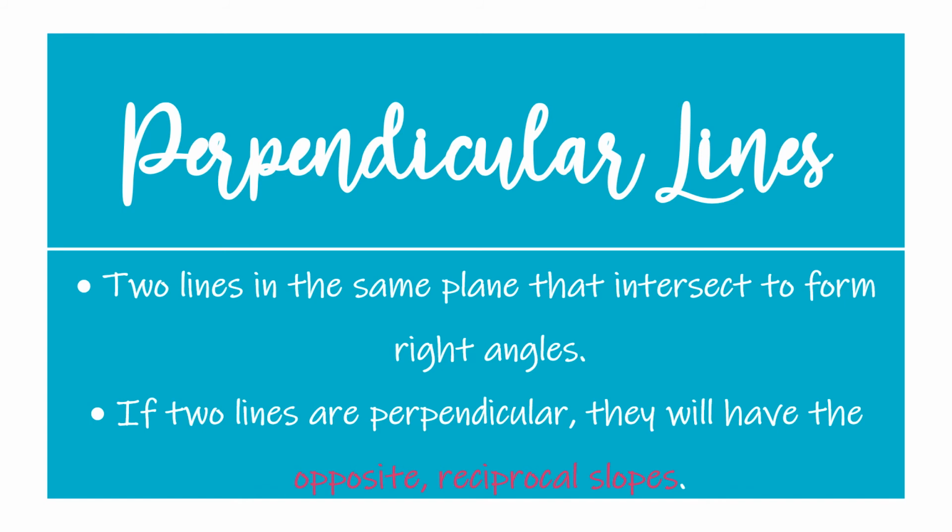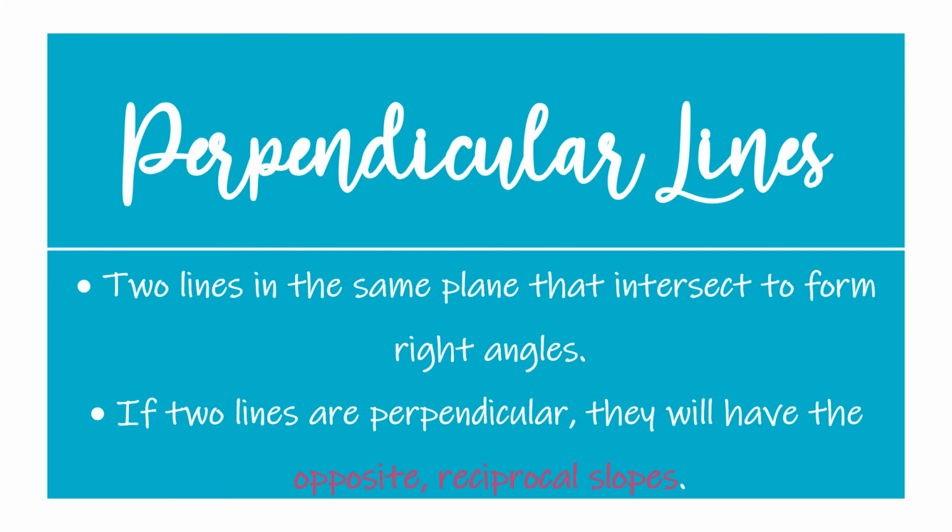So when 2 lines are perpendicular on the coordinate plane, their slopes are opposite reciprocals. So there are 2 things that have to be true. They have to have opposite signs, so one slope will be positive and one slope will be negative. The other thing is that the slopes are reciprocal. So if your slope is 1/2, the reciprocal of that would be 2/1, which is just 2.